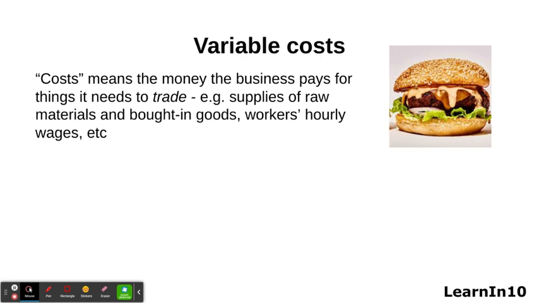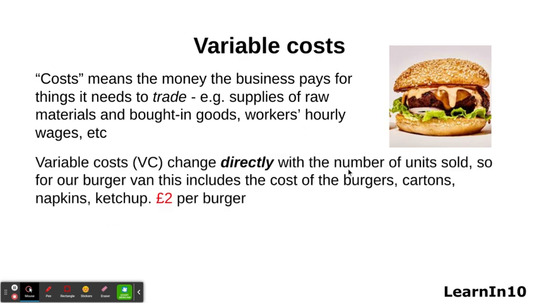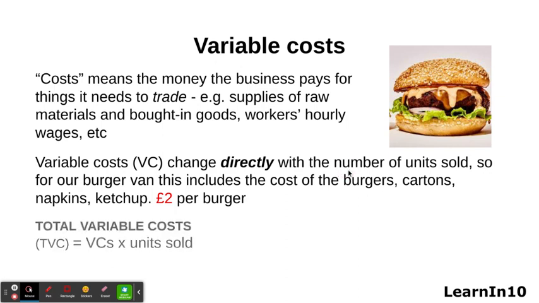So pretty obviously that would include, in the case of our burger van, the baps themselves, the burger patties, the sauce, the salad, any sort of cartons, napkins, ketchup. And it seems reasonable to think that might be about £2 per burger.